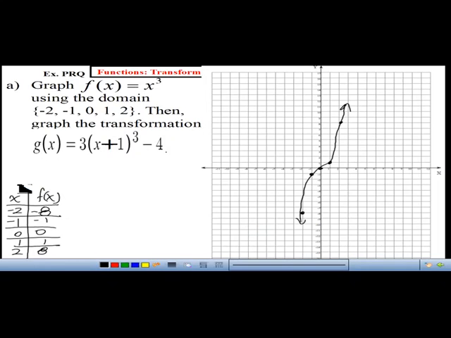This one is known as our what? Our parent function. Okay, let's look at the transformation. Let's identify k. Look at k and look at h. All right, so what is k going to do? Victor, what is k going to do to the entire function?